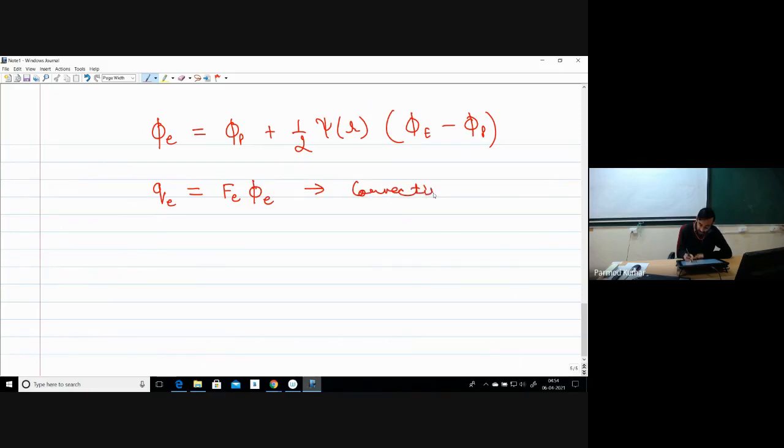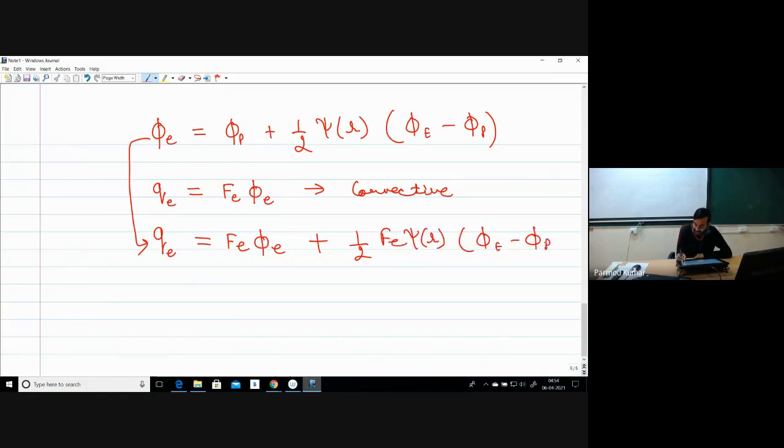So if I am talking about only the convective flux, and if I have to find out the flux using this new TVD scheme, you will be finding as new flux Fe into phi E plus 1 by 2 Fe into psi r into phi E minus phi P. So you can see that we are providing some additional flux.